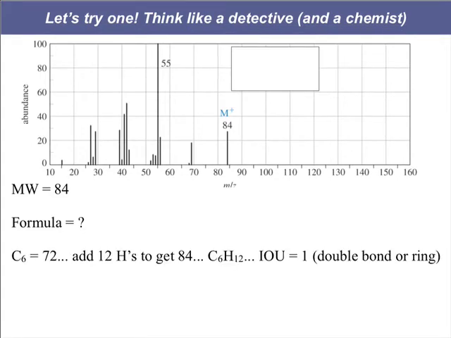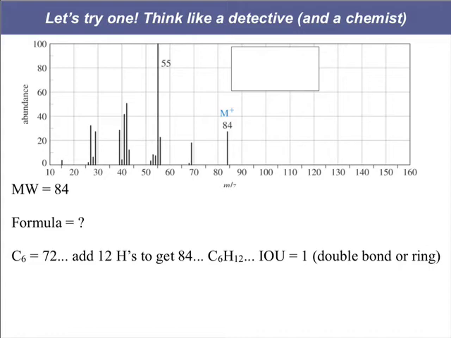So here's what I do. I say, okay, if we had C6, 12, 24, 36, 48, 60, 72, that gets us close. 6 carbons gets us close. Then all we need to do is add 12 hydrogens to our formula to get 84. So that means C6H12. And you can calculate the index of unsaturation. There is one index of unsaturation for that, which means that there is a double bond or a ring in our structure.